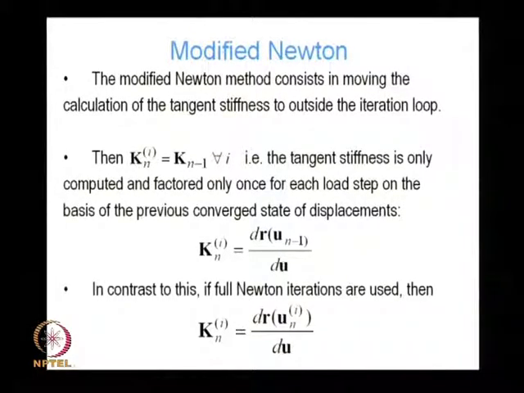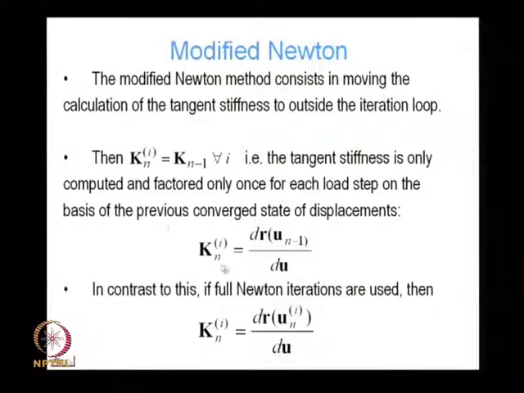Well, we looked at all those factorization schemes, Gauss elimination, LU decompositions, which help in inverting my matrix. So, I am going to keep those factors only once. What I mean to say in simple words is that I am going to store the inverse only once for each load step on the basis of the previous converged state of displacements.